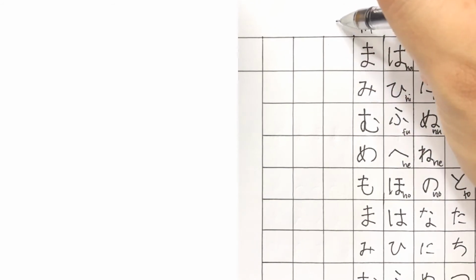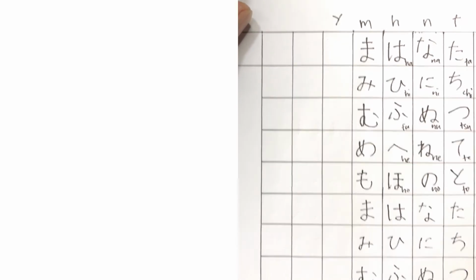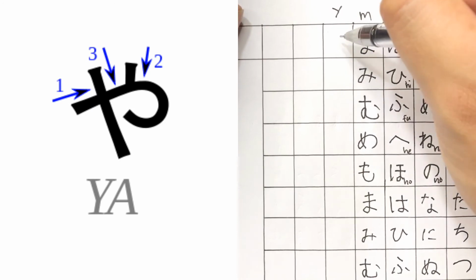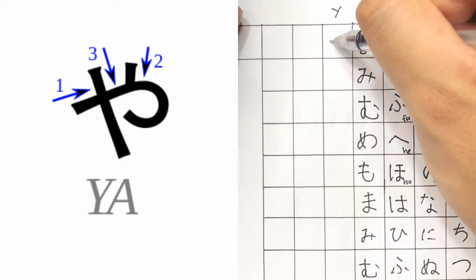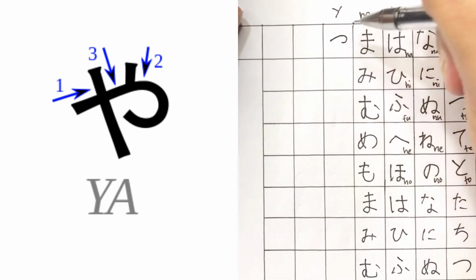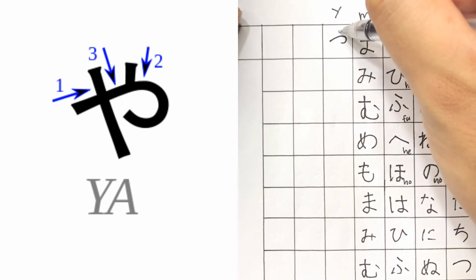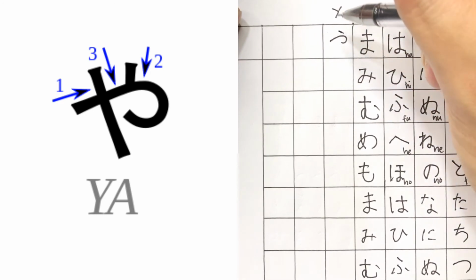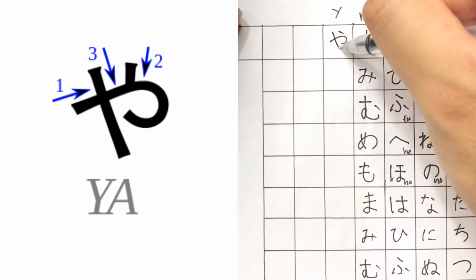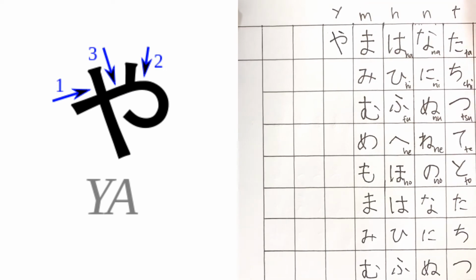Now let's proceed to the next column, the Y consonant. In the Y column, there are only 3 characters. The first character is ya. 1, 2, and 3. Ya.